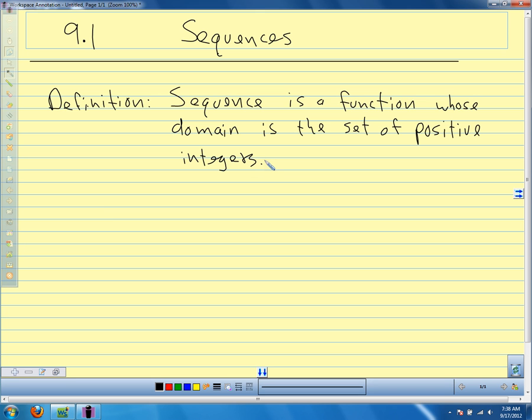So the function is what gives us our numbers, and the fact that we have a function, we're plugging in positive integers. That's what gives us our pattern. So we have this function, we plug in our integers, and we get this pattern.